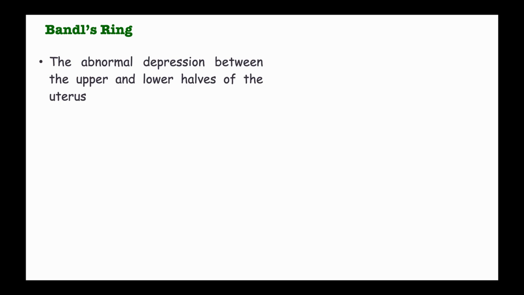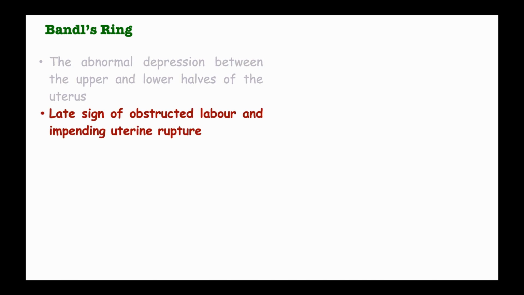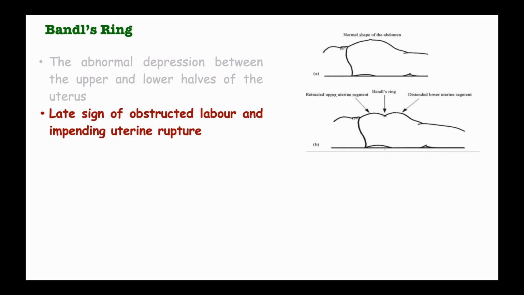And this is what we refer to as the Bandl's ring. And it is a late sign of obstructed labor, and it also indicates an impending uterine rupture. Now, when we look at the image over here, in A, we find the normal shape of the abdomen, but in B, we find the retracted upper uterine segment, over here.